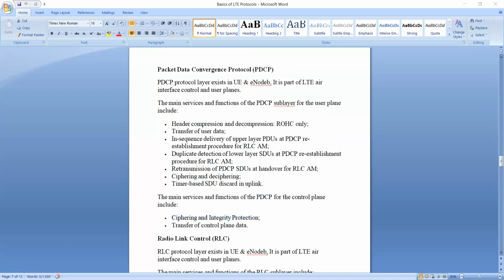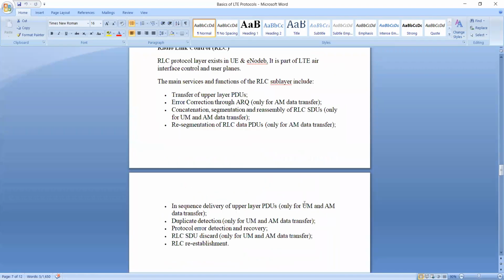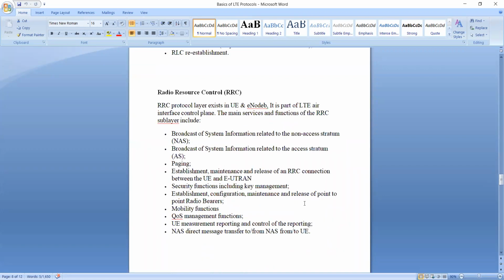Yeah, noted. Okay, so next layer is RRC, radio resource control. This is what we drive test engineers are most familiar with, right? RRC is the control plane stack.